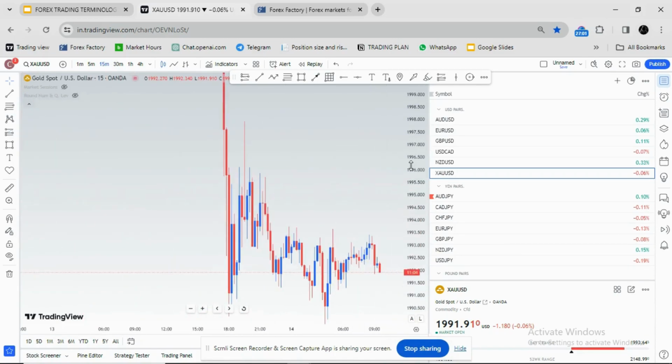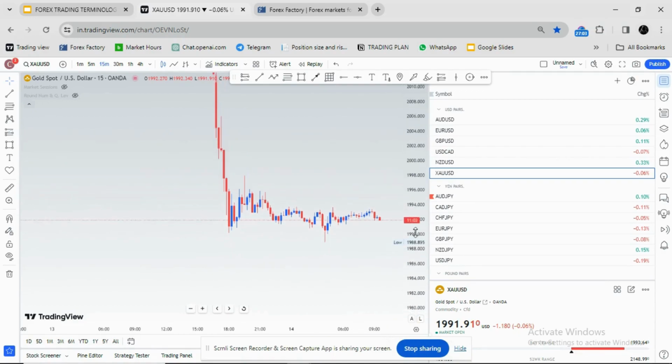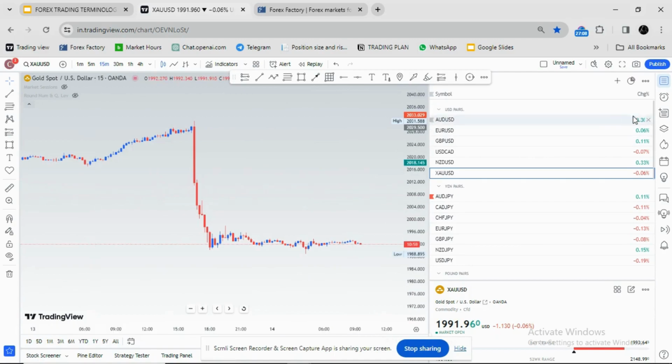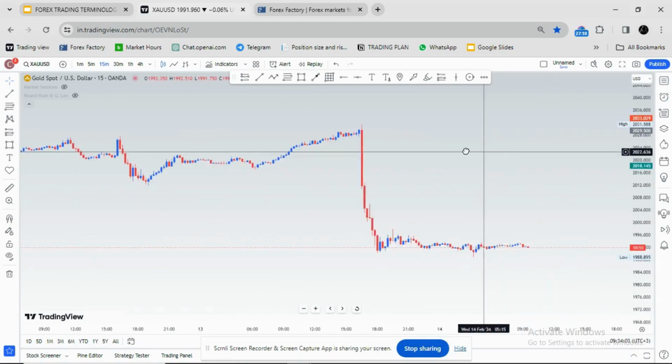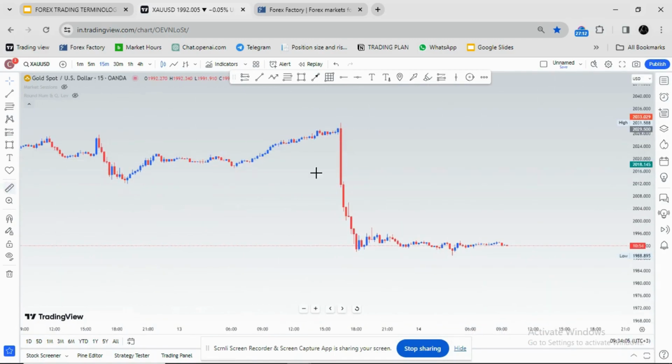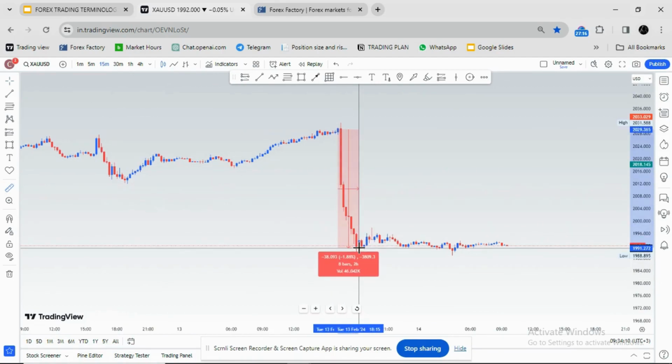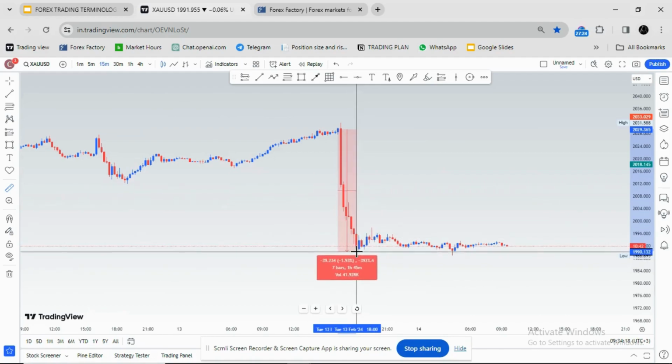A pair like gold is highly volatile, and let me explain this in a way you're going to understand. This is a tool that shows you how long. Can you see 2 hours somewhere in this red thing?